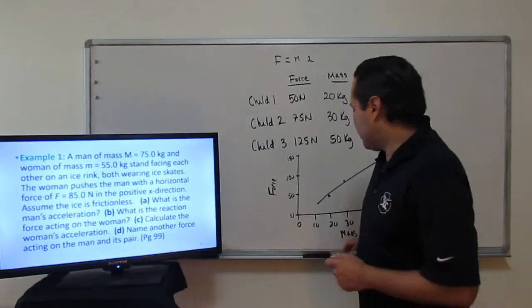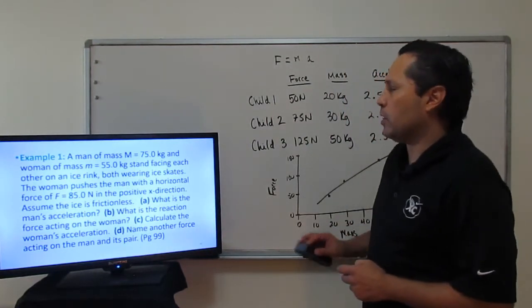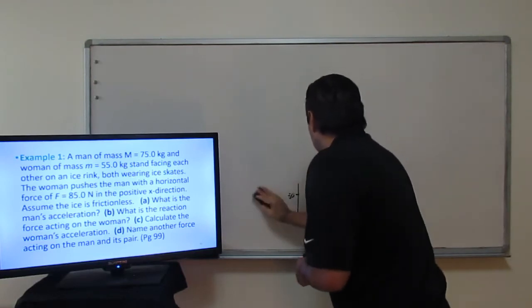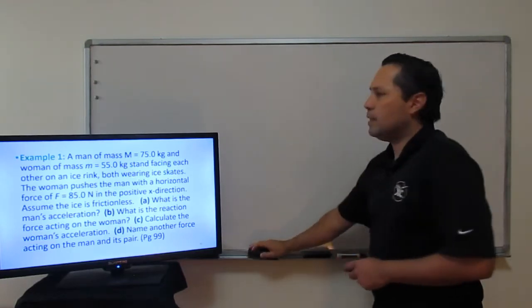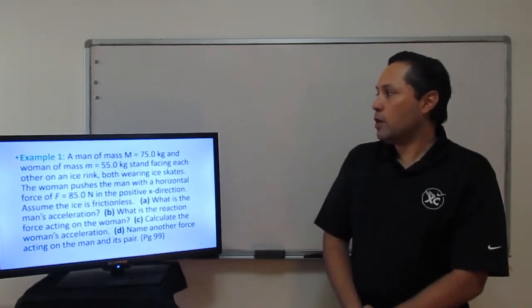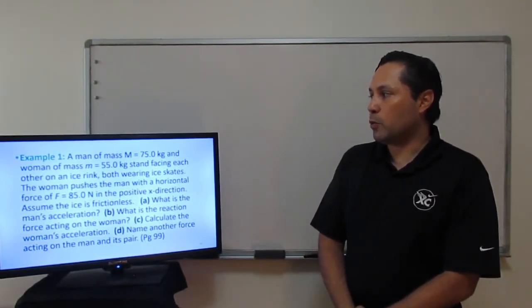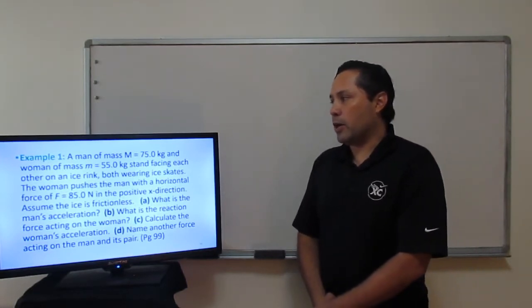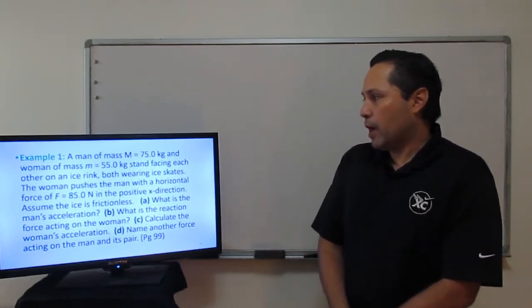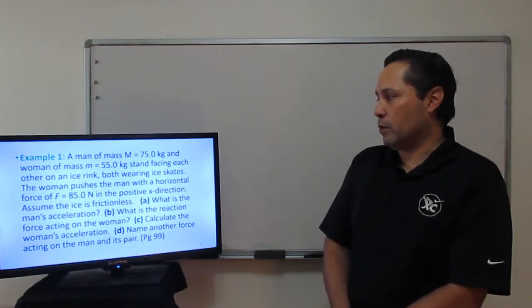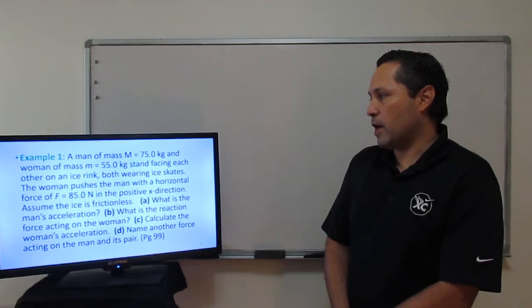Alright, so we're going to go ahead and take care of our first example. They ask the following question. You have a man with a mass of 75 kilograms and a woman whose mass is 55 kilograms. They're standing facing each other on an ice rink, both wearing ice skates. The woman pushes the man with a horizontal force of 85 newtons in the positive x direction.